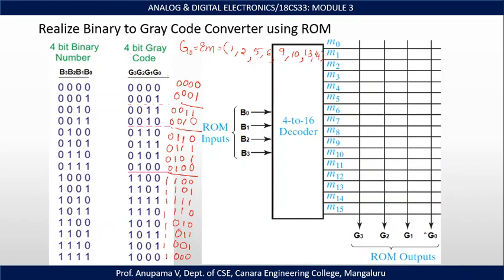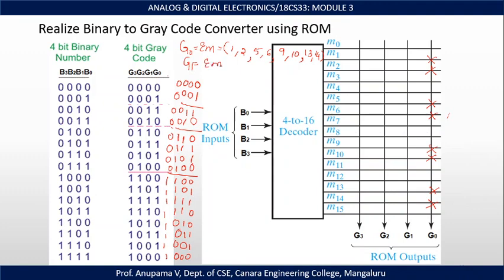So in the G0 line, mark X against M1, M2, M5, M6, M9, M10, M13 and M14. Now write the equation for G1.